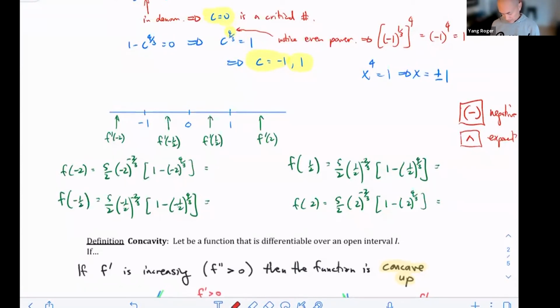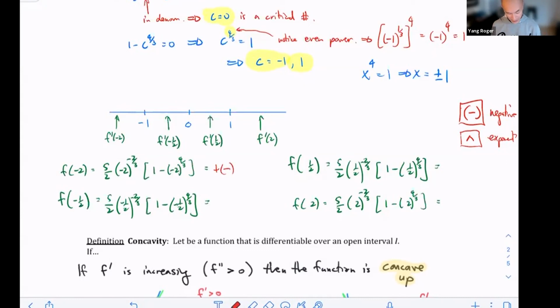So if I have -2 to the -2/3, I get a negative number, right? And 5/2 is positive.